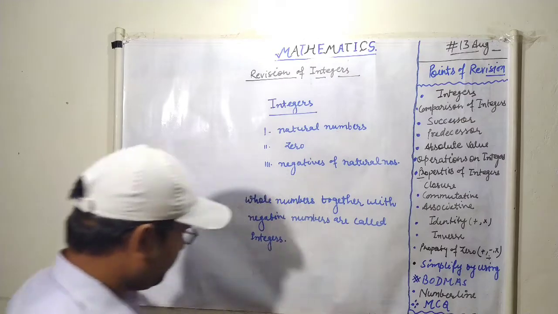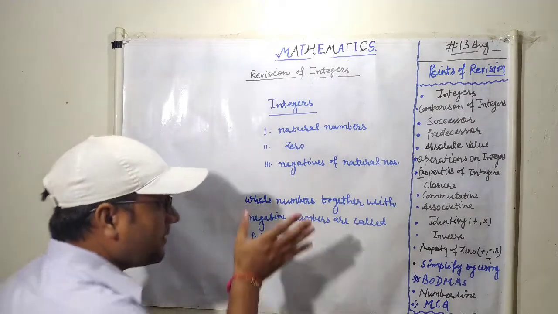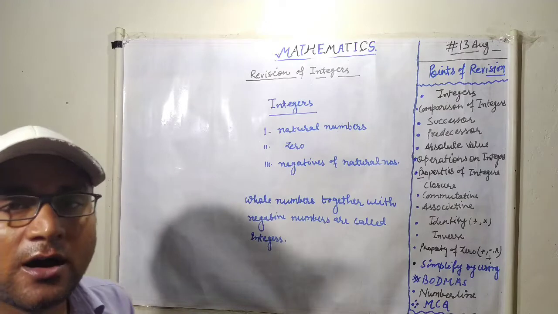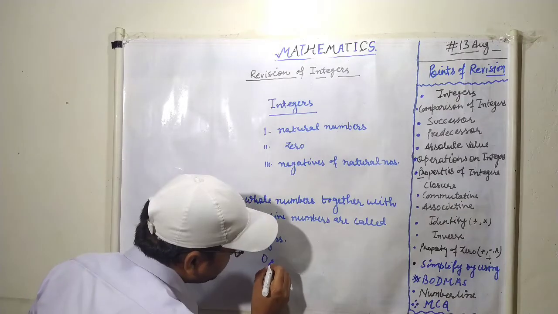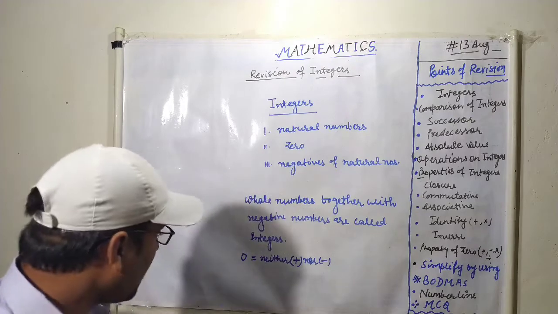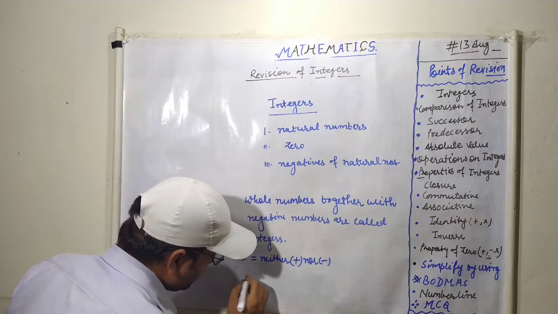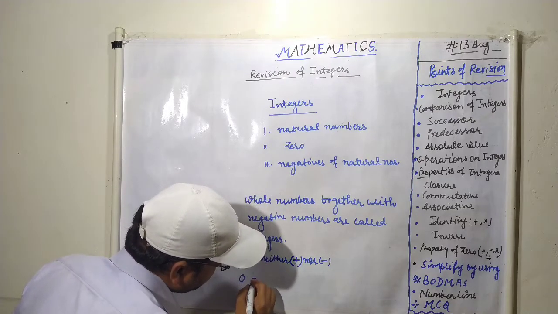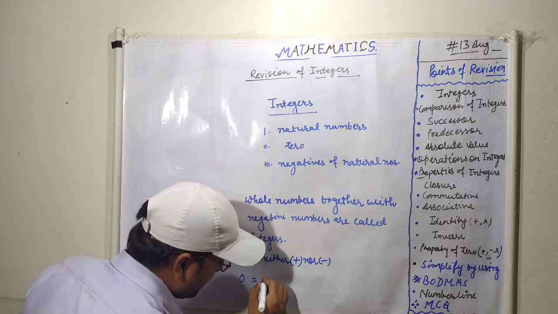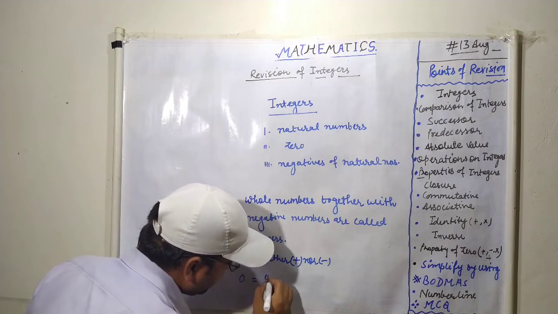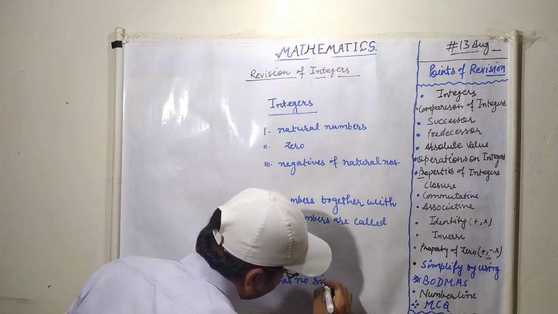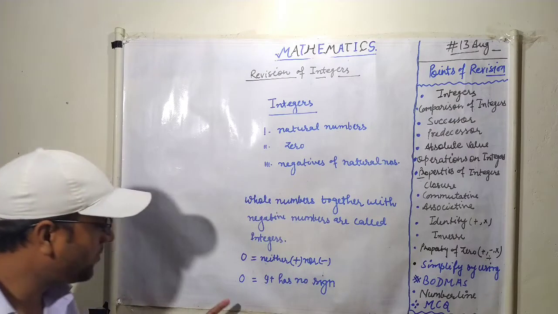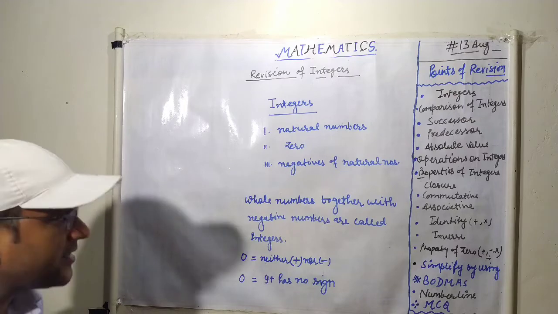And students, an integer may be positive or may be negative, except 0. 0 is neither positive nor negative. It means that 0 has no sign. You cannot write plus 0 or minus 0.